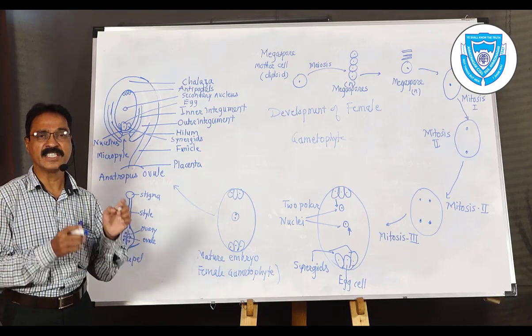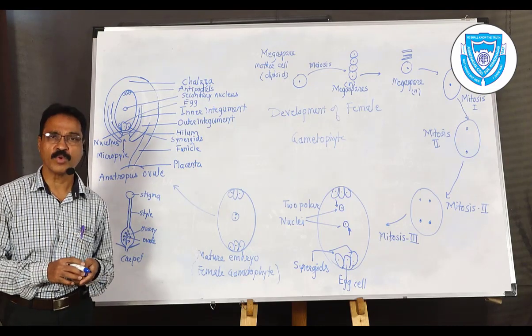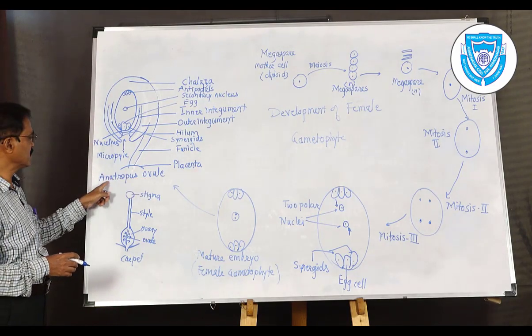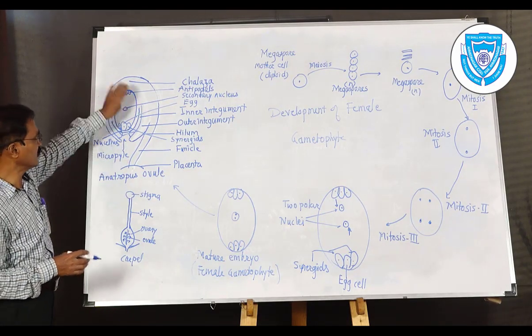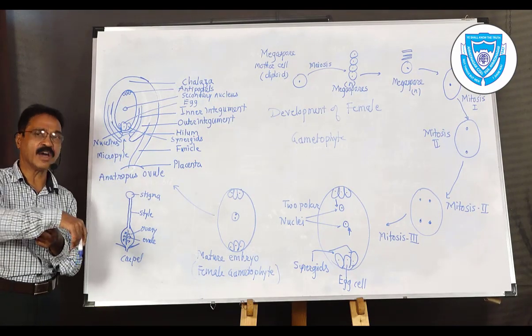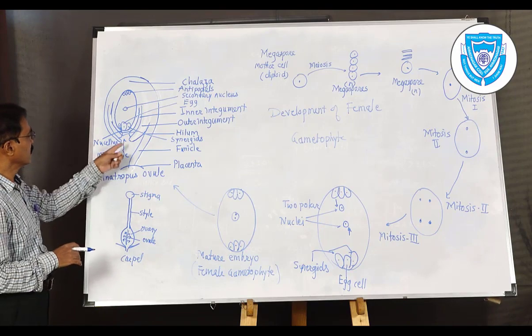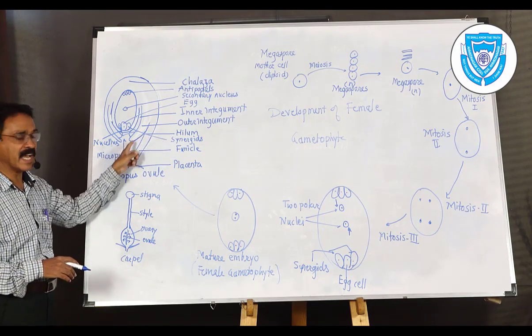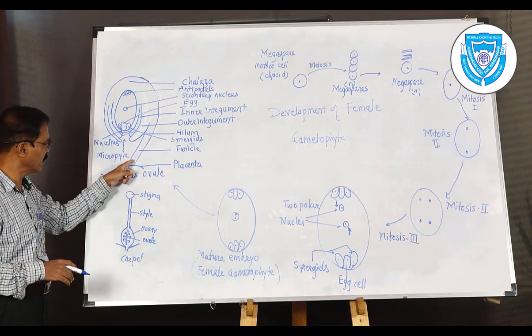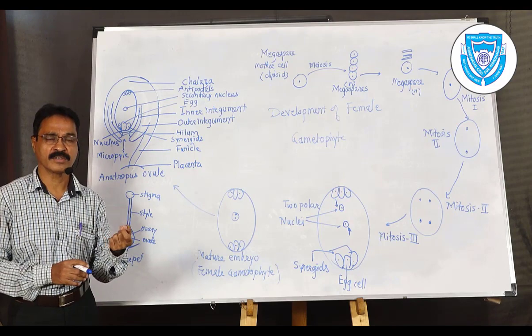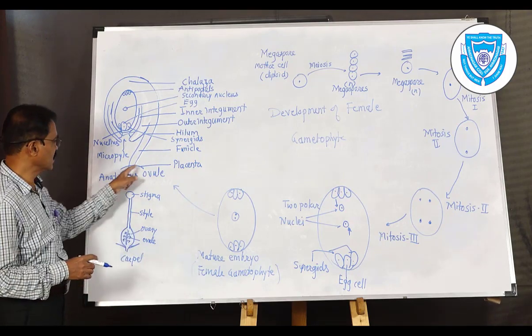Here you can see this ovule, which is anatropous. That means it is somewhat inverted, with the micropylar end directed downwards, near the point of attachment, that is the hilum and the funicle. So the funicle is the stalk of the ovule, and this is the placenta.